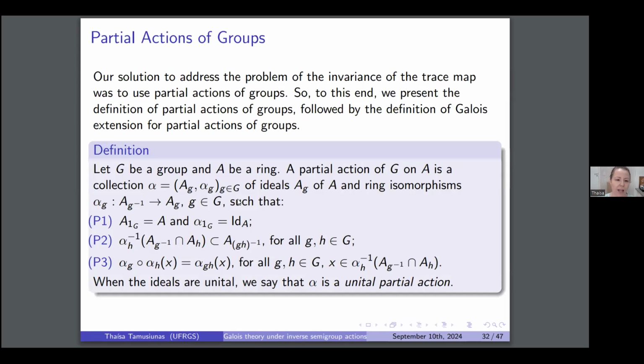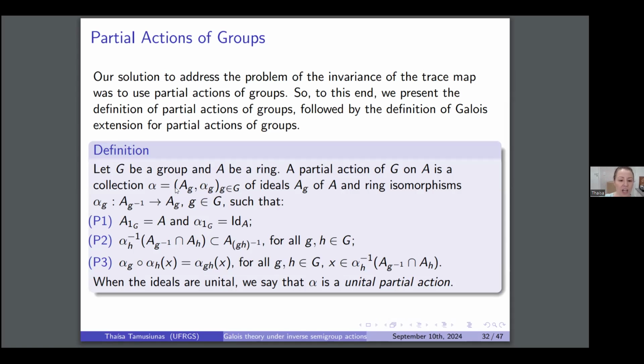So the solution that we found is to work with partial actions of groups. We associate actions of inverse semigroups to partial actions of groups. And to this end, I will present here the definition of partial actions of groups, and next I will present the definition of Galois extension in this context.